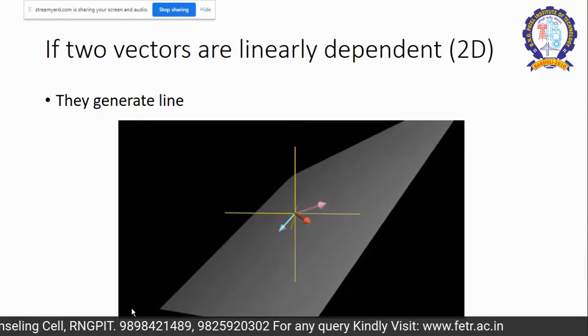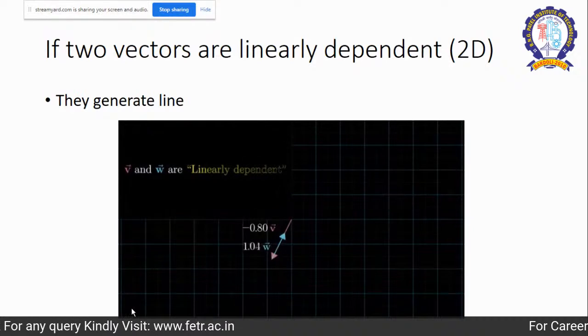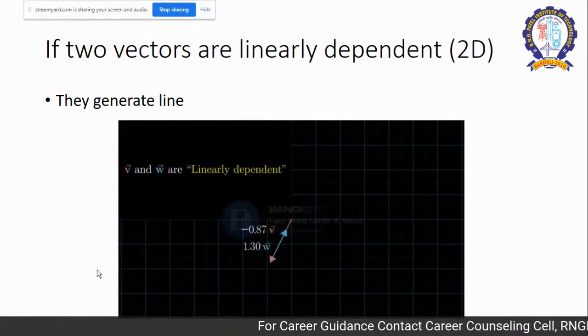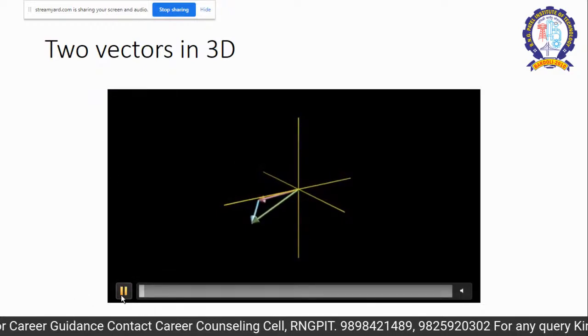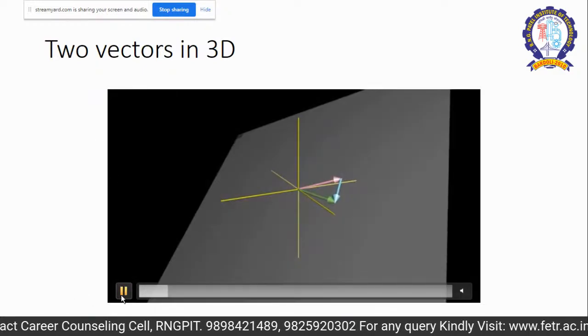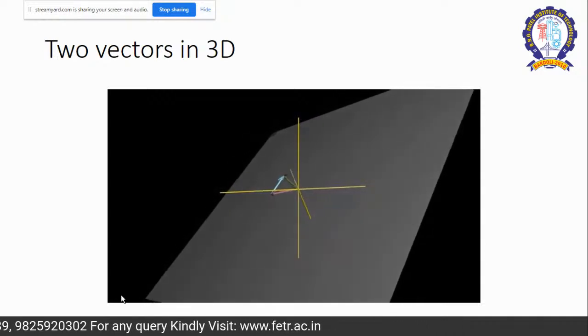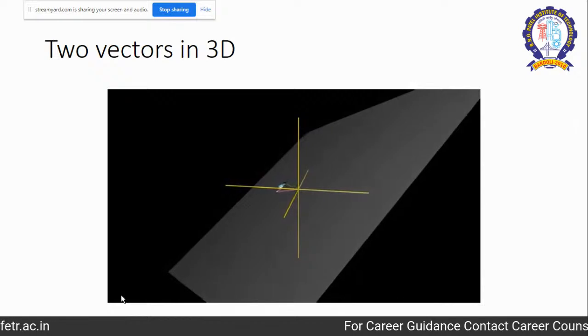And whenever we go with three dimensions, with two vectors in three dimensions, meaning one vector is kept fixed, then what does it generate? A plane. Instead of generating a space, it generates a plane.